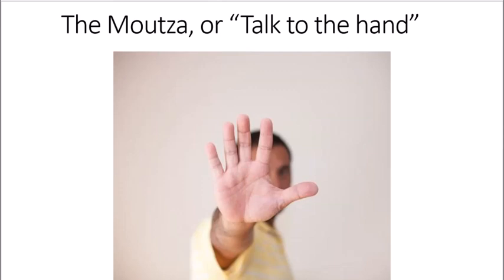In the United States, we might think about this in terms of talk to the hand. It's often accompanied with a head roll or a neck roll, and it is a symbol here in the United States today that means I don't want to deal with it, I don't want to deal with you, leave me alone. But this is a symbol that dates back to the ancient Byzantine era, and it was used then as a symbol to demean somebody or belittle somebody.